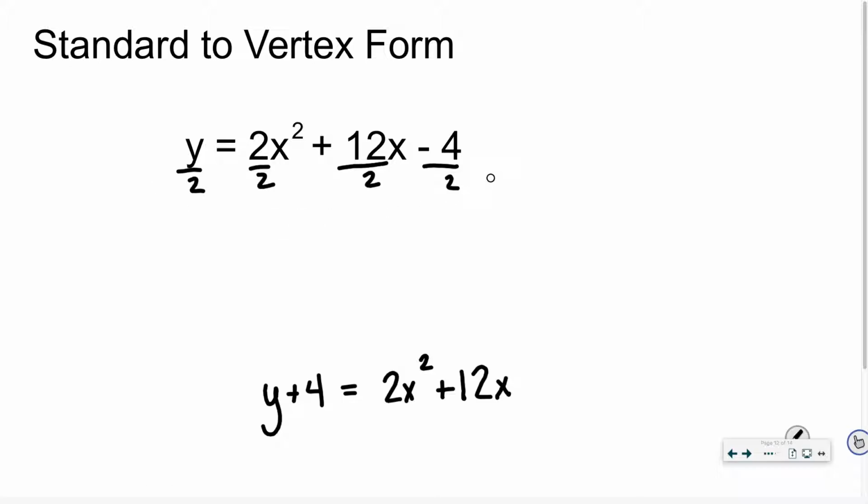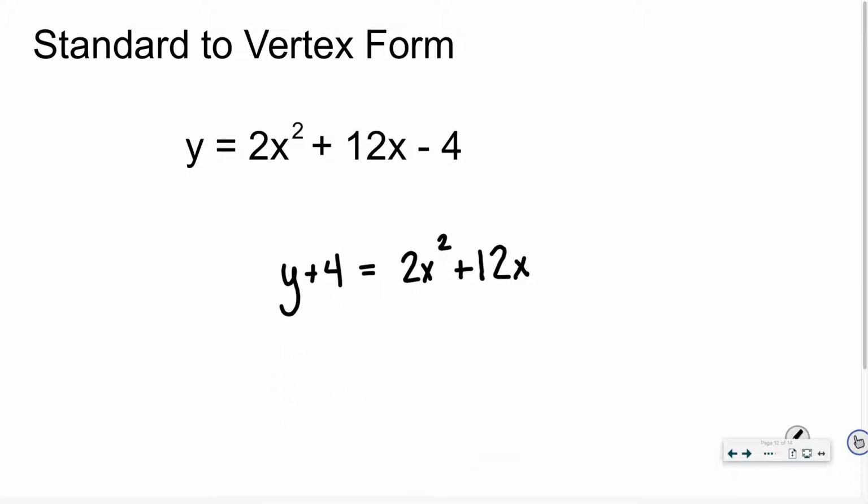So instead, once I isolated that c value, what can I do to get the x squared a coefficient of 1, without changing the value in any way? I don't want to change the value, but I need the x squared to have a coefficient of 1. What can I take out?